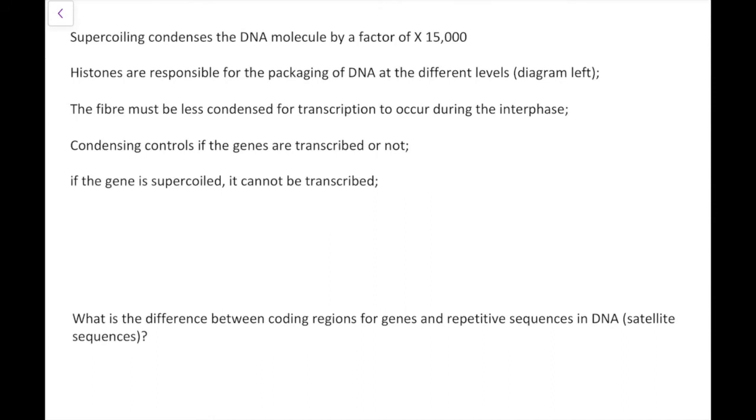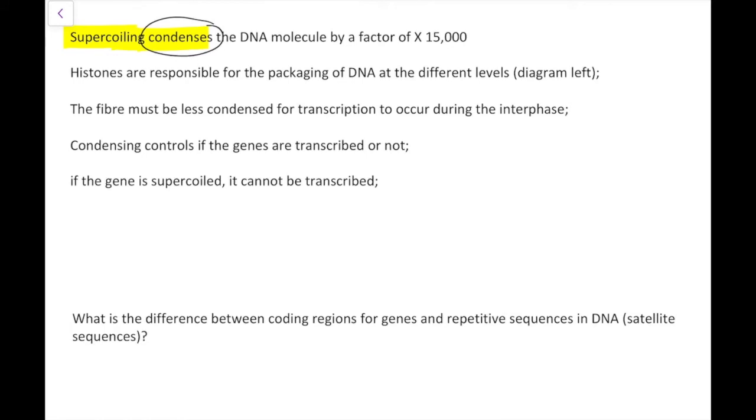So here's our quick recap, and you notice that we're starting to use this word supercoiling and condensing. To supercoil means when we have wrapped it up, and it's going to be during cell division that we get supercoiling of all the DNA. And so wrapping it up very, very tightly, supercoiling it, means that we reduce the size of the DNA.